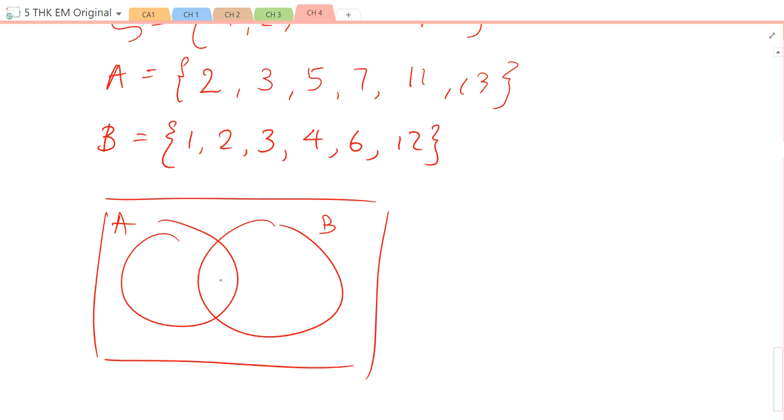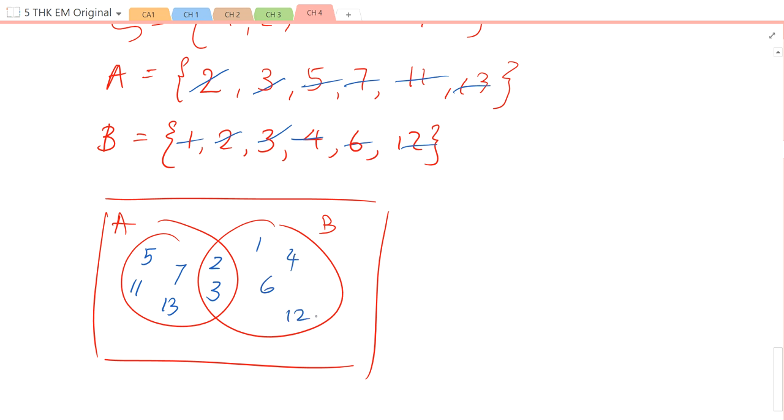Which one is common? 2, 3. Any more? No, okay. What else is in set A? 5, 7, 11, 13. Then in set B, we've got 1, 4, 6, 12.